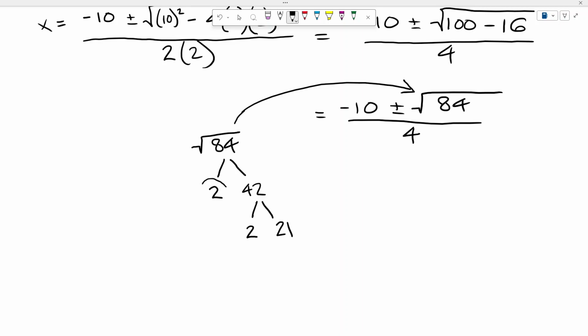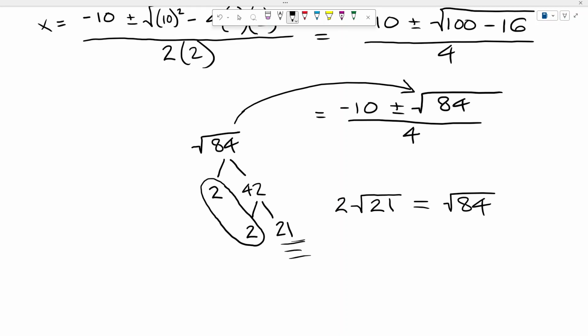And then remember, as soon as we have a duplicate on the left side of the tree, that's what goes on the outside. And then under the square root is whatever the last number was that we simplified down to. So the 21 goes under the square root. So 2 times the square root of 21 is equal to, if you put it in the calculator, the same thing as the square root of 84. So we just simplified that is all.